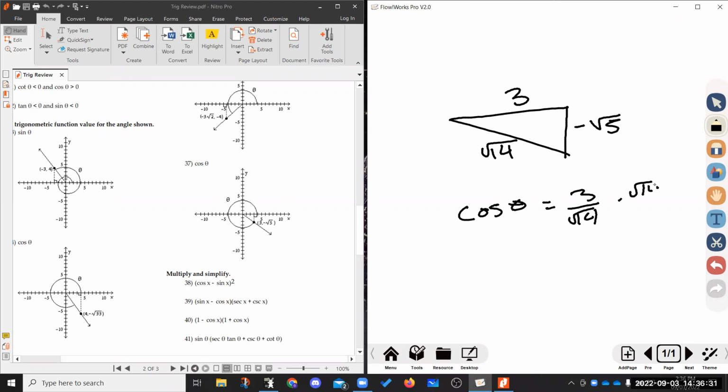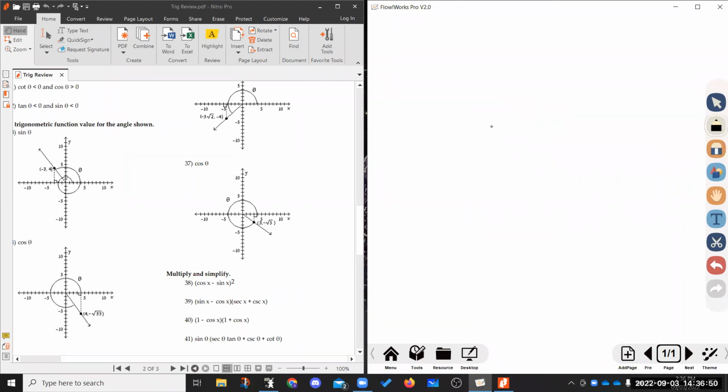We're going to rationalize again. It's going to be 3√14 over 14. Always rationalize for right now because you don't know when you need to and when you don't need to. We'll get some more practice with that in calculus and figure out when nothing is going to cancel and you don't need to. Now we're going to use some identities to simplify some things.